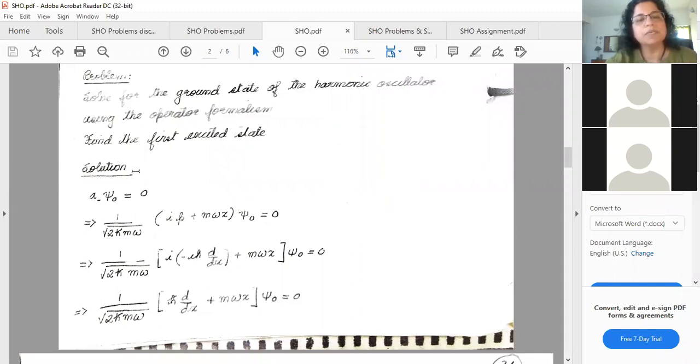We all know this particular thing, that A minus acting on psi 0 gives us a null vector, right? And we know how to write down the A minus in terms of the P and the X. So I have used exactly what I have written over here, that 1 upon root of 2 h cross m omega.